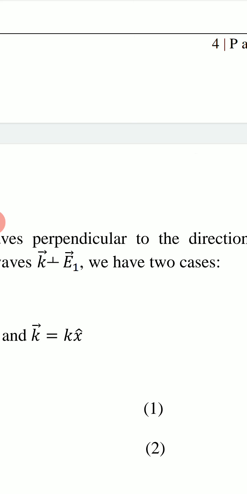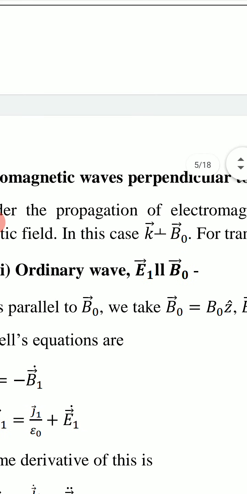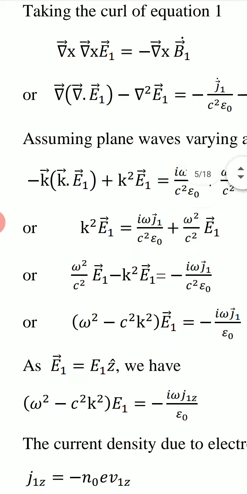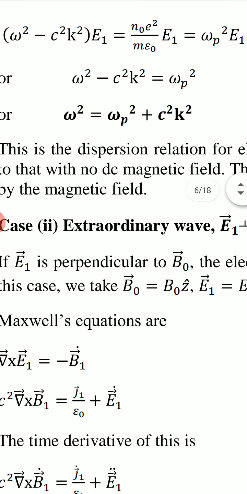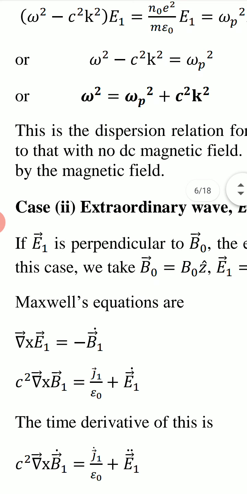We now have two cases. One is the ordinary wave, when the E1 vector is parallel to the B0 vector. In this case, we find the dispersion relation, which is omega square equal to omega p square plus c square k square.